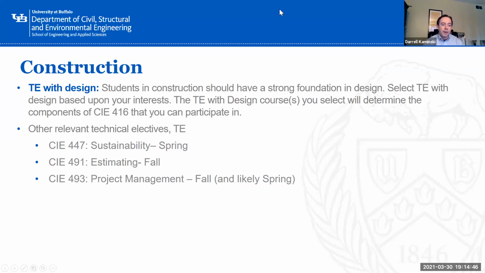And the other thing I would suggest is, of course, not everybody is an A student. Some students took one TE with design and did not pass it, and they were not able to take the capstone. So it set them back. That's another reason to take more than one TE with design, and maybe in a different area.